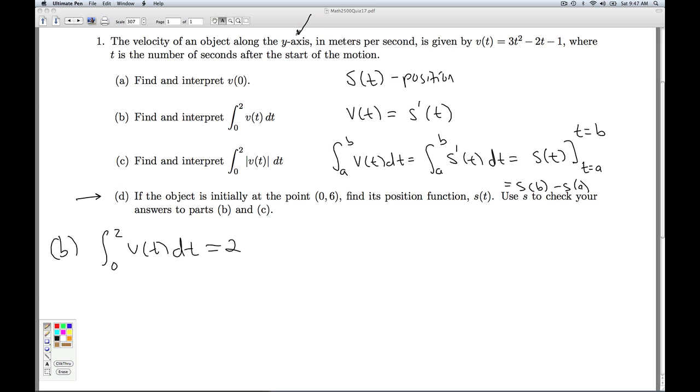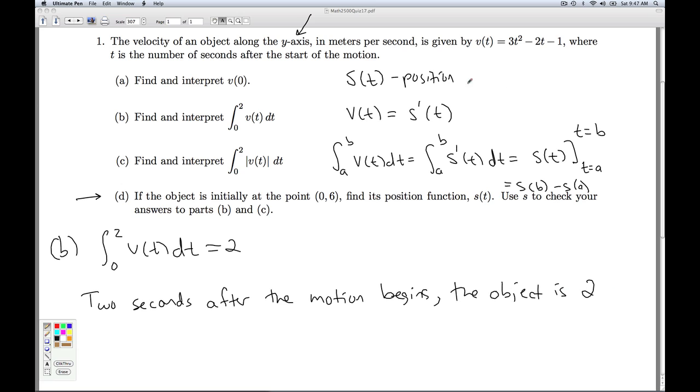Since we're moving along the y-axis, a positive displacement means I'm 2 units above where I used to be. So putting this all together, we can say 2 seconds after the motion begins, the object is 2 what? Meters above where it started. So that'll do it then for part B.